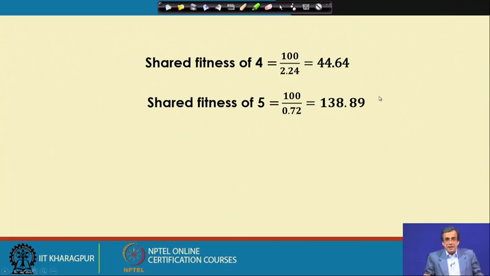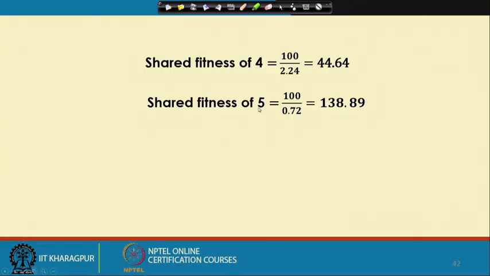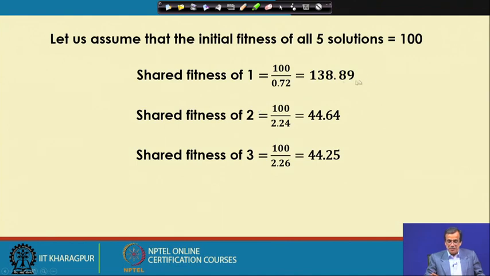Now, if I compare the shared fitness values, for the fifth point and for the first point it is somewhat higher compared to that of the other points. Now, if I do the proportionate selection based on the shared fitness, there is a possibility that I will be getting more copies of 0.1 and 0.5 in the mating pool.